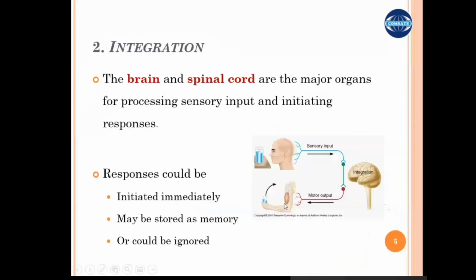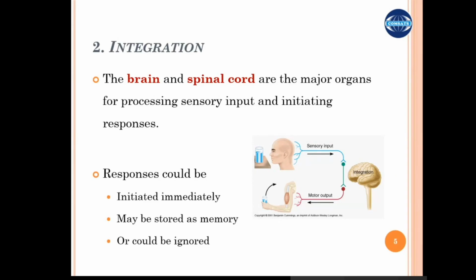The second function is the integration. The brain and spinal cord, which are the main parts of the nervous system, are the major organs for processing sensory inputs and initiating the responses accordingly, right?